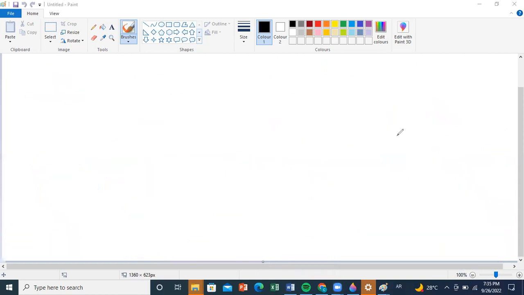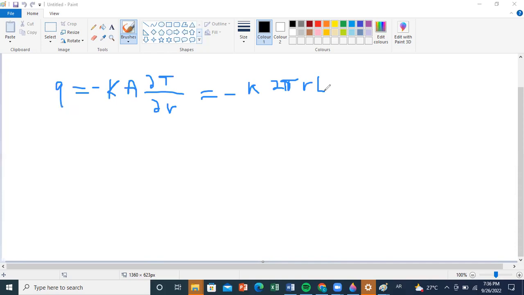So Q, we said Q is minus KA times del T by del R. And we said that we replaced the area by 2 pi r L, and we replaced del T by del R by C1 over KR.